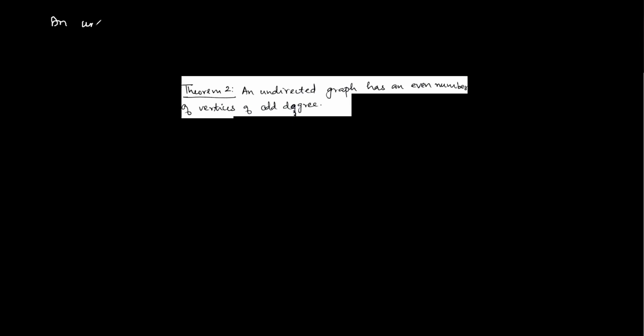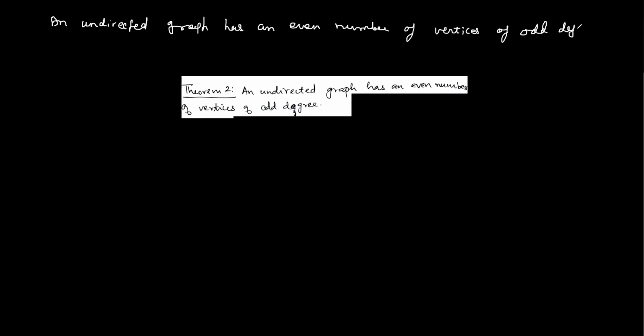What is the theorem? An undirected graph has an even number of vertices of odd degree.